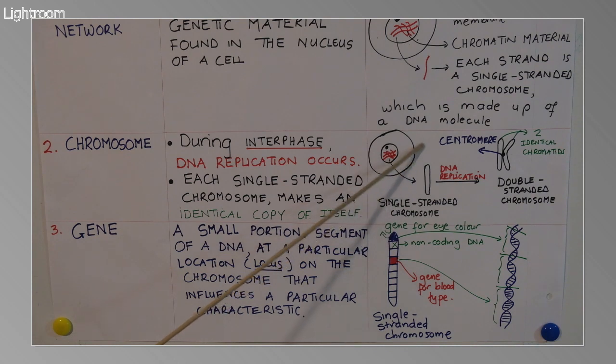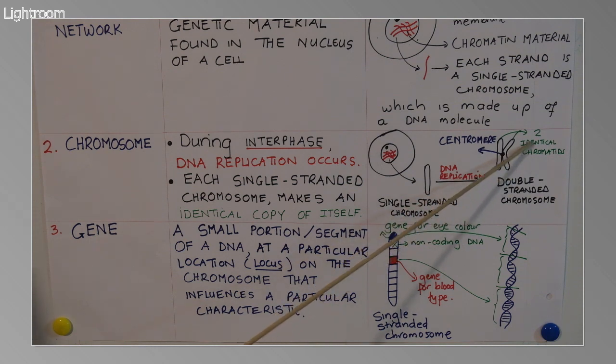If you look at this diagram, there is a chromatin material, and this represents a single-stranded chromosome. After DNA replication, since the DNA makes an identical copy of itself, and since a single-stranded chromosome is made up of a DNA molecule, the single-stranded chromosome becomes double-stranded like this.